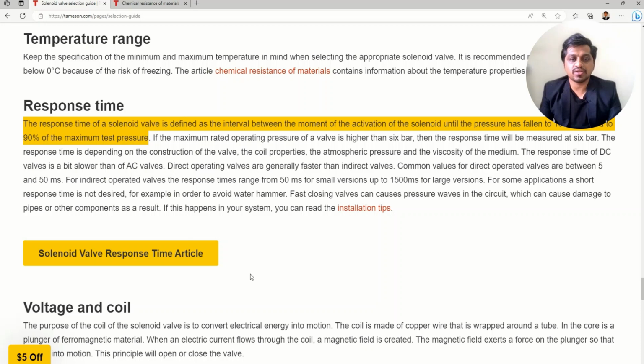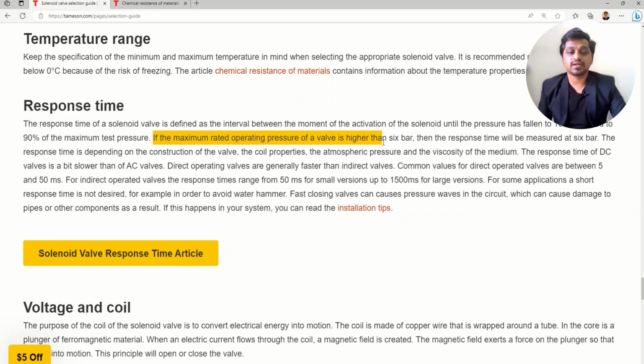And it doesn't mean that your valve timing should always be less, because in case of water hammer, if the response time is very short, it could cause damage to the system. So it will also vary according to the application of your system. In case of water hammer, you will require a valve with a larger response time. So that is why response time is also important.